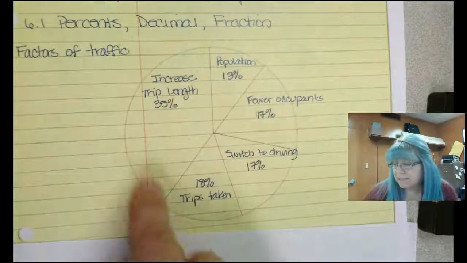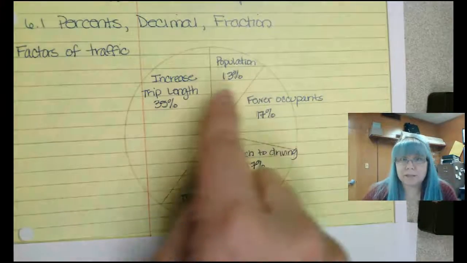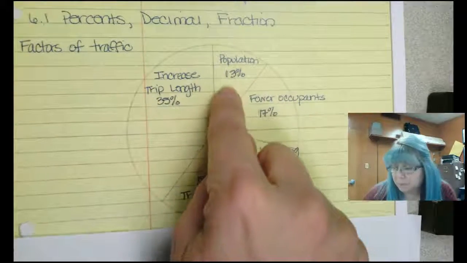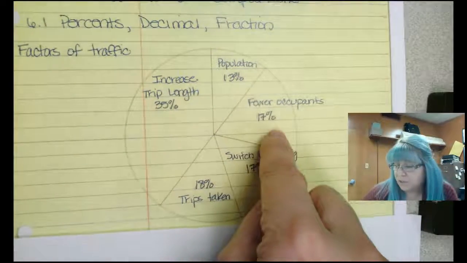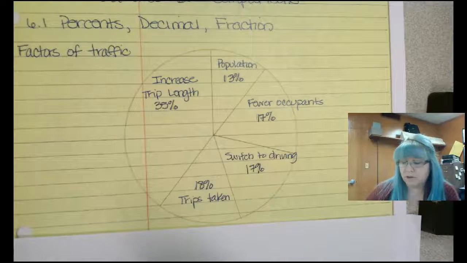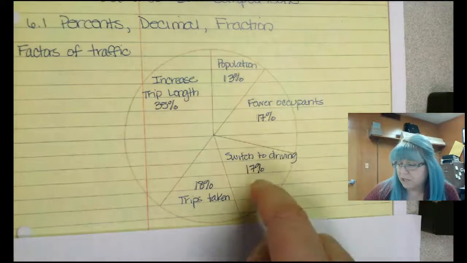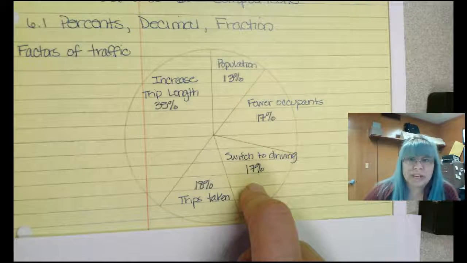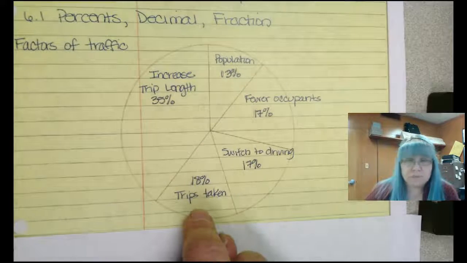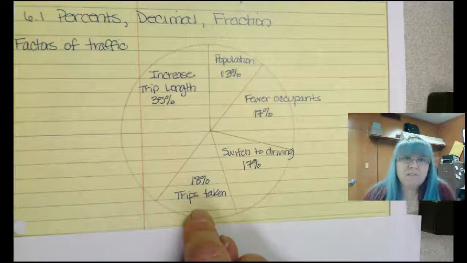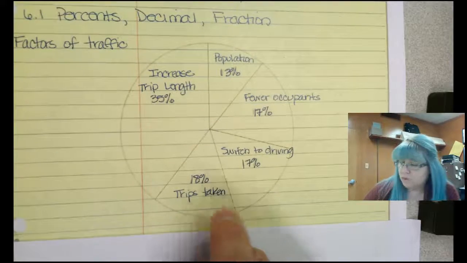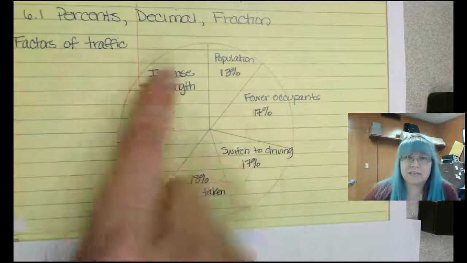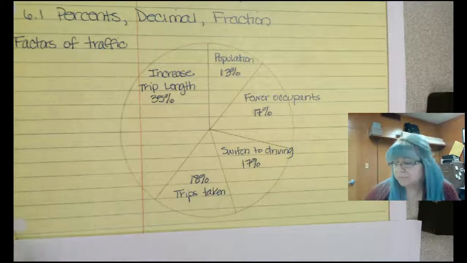But it's a comparison of a whole something. So here are factors of traffic. Increased trip length, the population, fewer occupants in a car, they switch from maybe bicycle or a bus or train to driving, and trips taken, how many trips you take, are all factors of traffic. So if you thought about it, the whole entire thing is 100% of the factors of traffic, kind of, sort of.